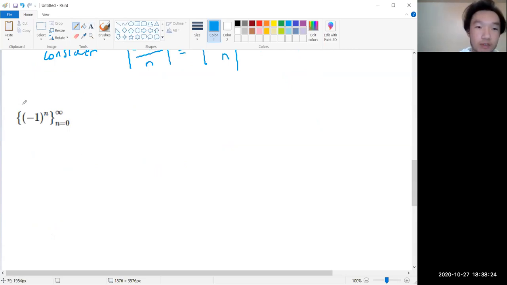All right, last sequence. So -1 to the n. Who can tell me what are the numbers in this sequence?